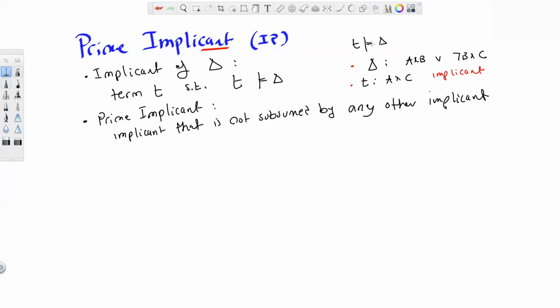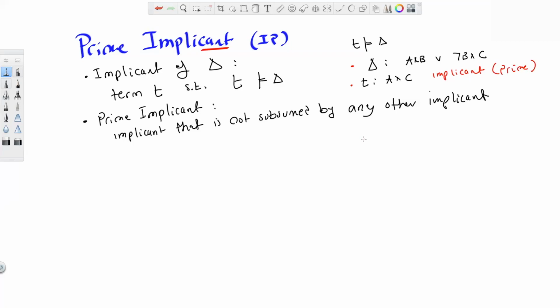The question is, so this is an implicant. Is it a prime implicant? Now, for it to be a prime implicant, this should stop being the case if I drop C or if I drop A, for example. And in this case, if you drop C and just say A, it will no longer imply that. Setting A to true doesn't satisfy this formula. Similarly, setting C to true alone doesn't satisfy this formula. So in fact, in this case, it is prime.